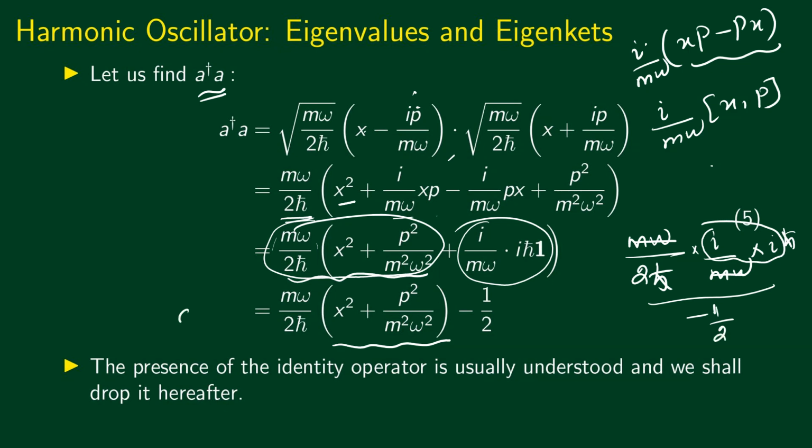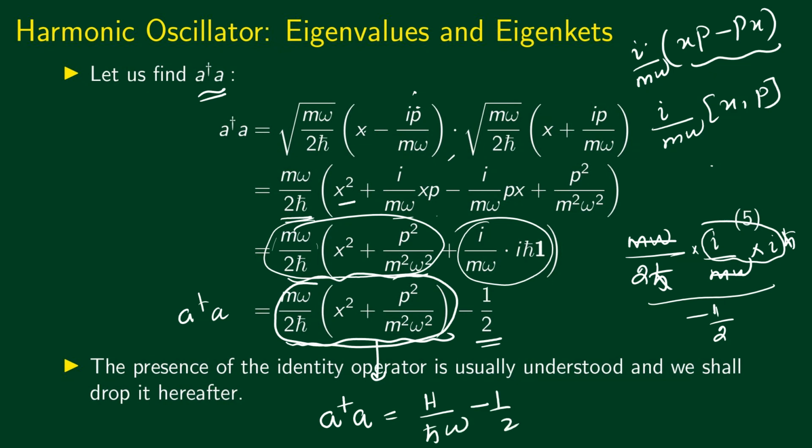So we see that A dagger A is actually mω divided by 2ħ times x squared plus p squared divided by m squared ω squared, minus half. Now we remember that this is the term that we needed. This is H divided by ħω. So what we find is that A dagger A is equal to the Hamiltonian divided by ħω minus half.